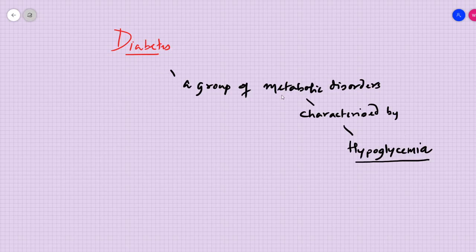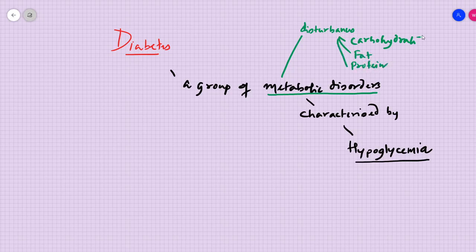And when we say metabolic disorder, we mean that there are disturbances in carbohydrate, fat, and protein metabolism.